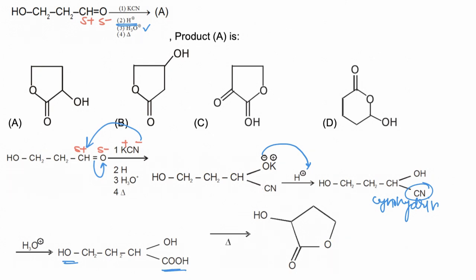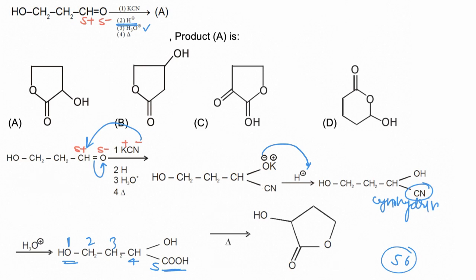On heating, acid and alcohol will react to form an ester. But if this OH and COOH react, then there is a possibility of formation of a three-membered ring, which is unstable. While when this OH combines with COOH, there is a possibility of formation of a five-membered ring, and 5 and 6 membered rings are comparatively stable.